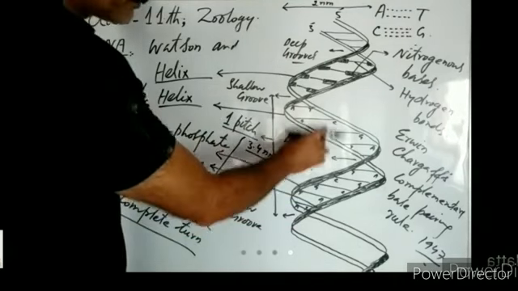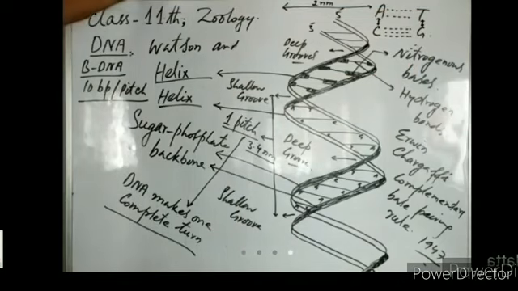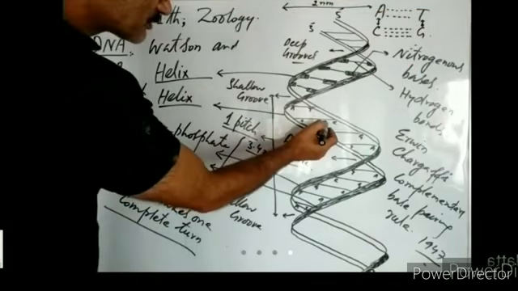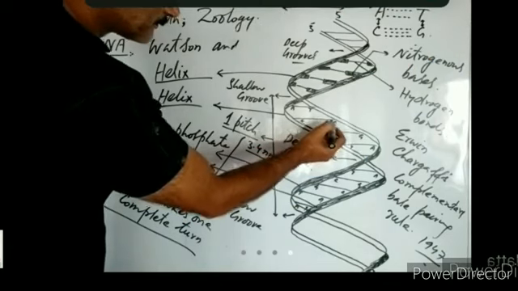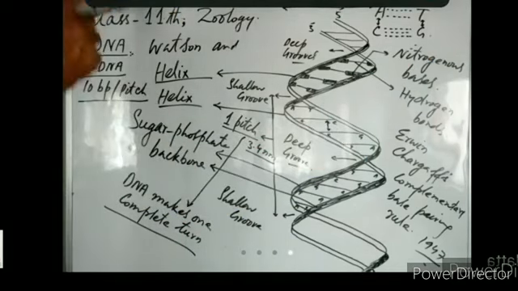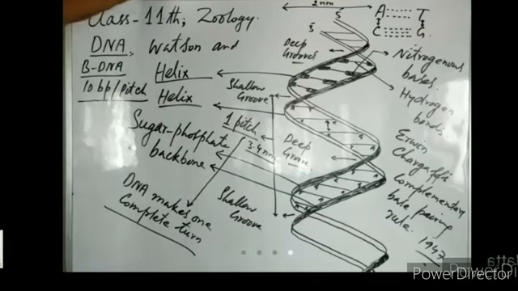Since there are 10 base pairs per pitch, what will be the distance between two adjacent base pairs? If it is adenine and thymine, cytosine and guanine, what will be the distance between these two adjacent base pairs? The length of one pitch is 3.4 nanometers, and 10 base pairs are present per pitch.